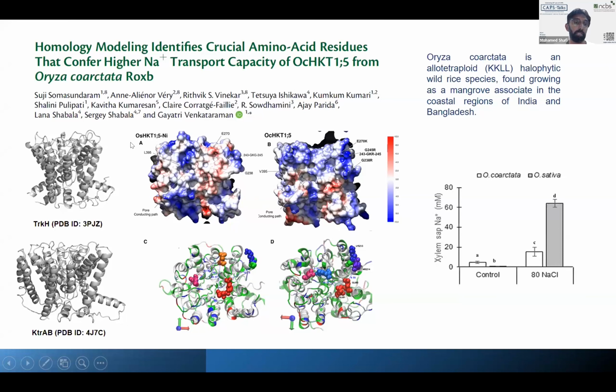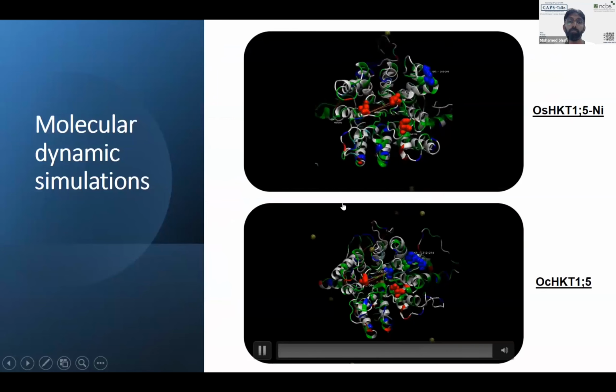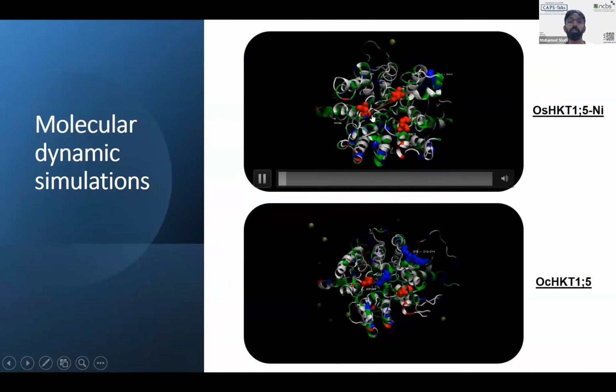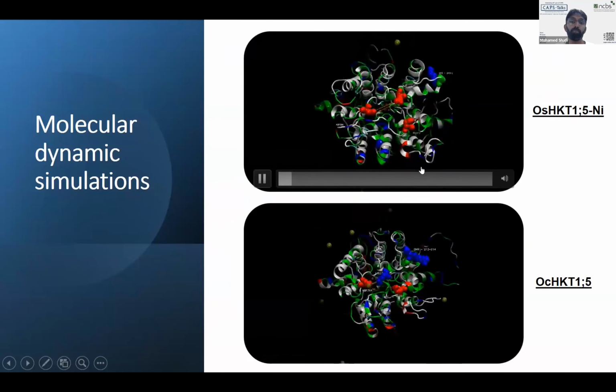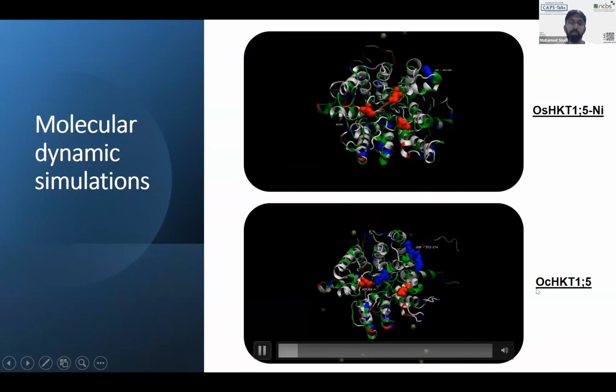And here, what you see is the Oryza sativa HKT protein, a specific variety, Nipponbare, which is very highly sensitive. And this is Oryza coarctata HKT1;5, which is a very saline tolerant species. Now, I'll show the molecular dynamic simulation video where you can see the important residues around the pore region, where the ions pass through, for the Oryza sativa gene and the Oryza coarctata gene.